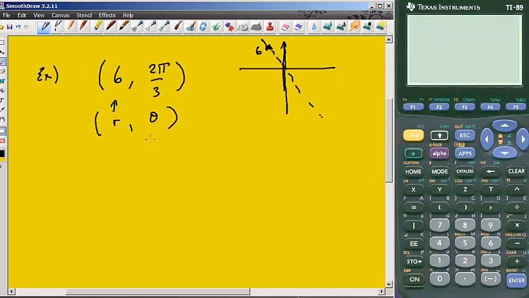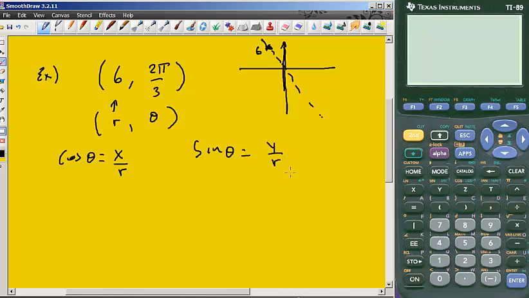That's the point, but we want to express that point in rectangular form. To do that, you have to use some of your old knowledge: cosine of some angle is equal to x over the radius r, and sine of some angle is y over the radius r.